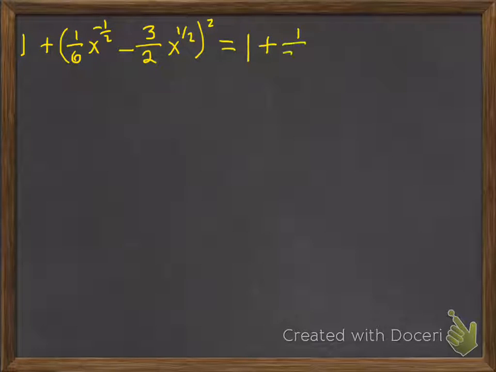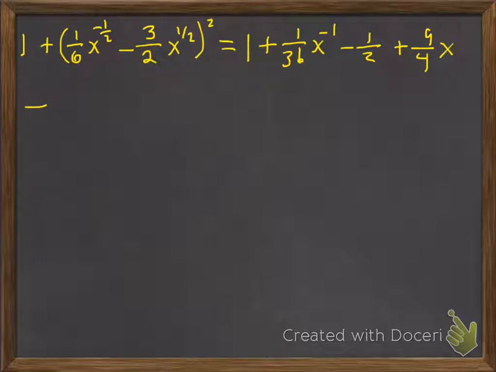So that'll be 1 plus 1 over 36 x to the minus 1, minus 1/2, and then plus 9 over 4 x.